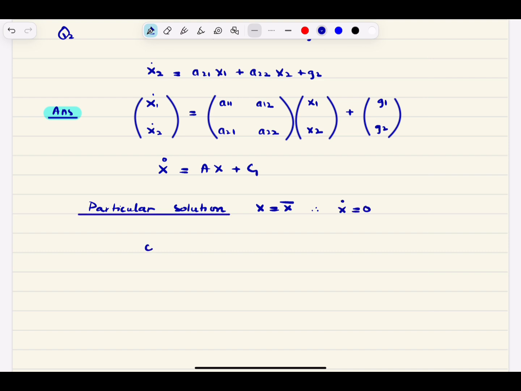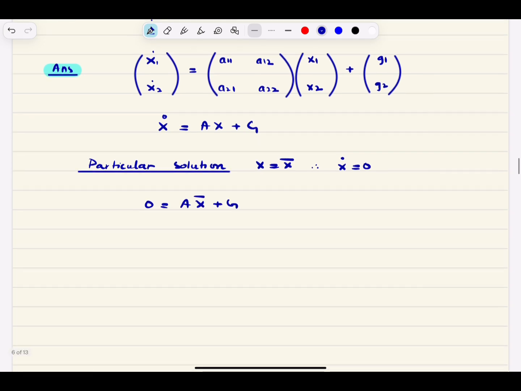So we have 0 here, you have A x bar here plus g there. Therefore you have A x bar is equal to minus g. So you get x bar equals minus A inverse of g.